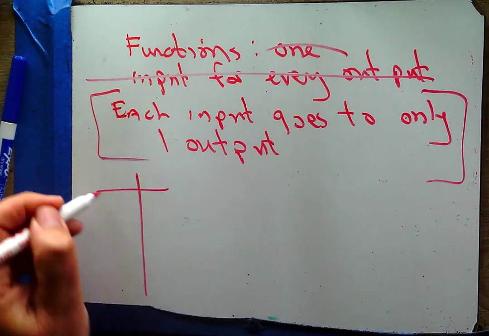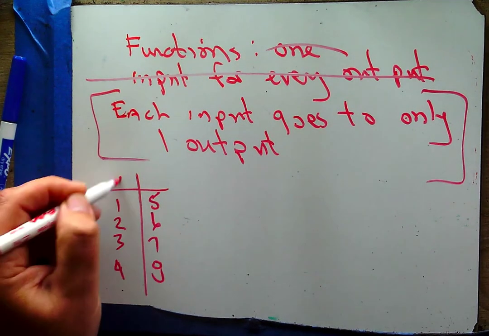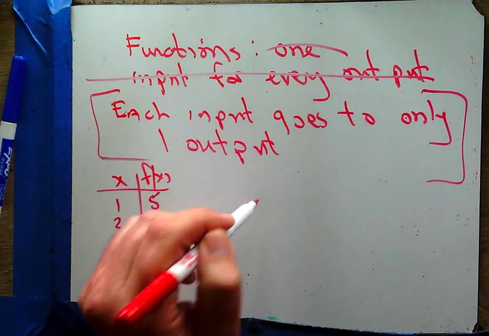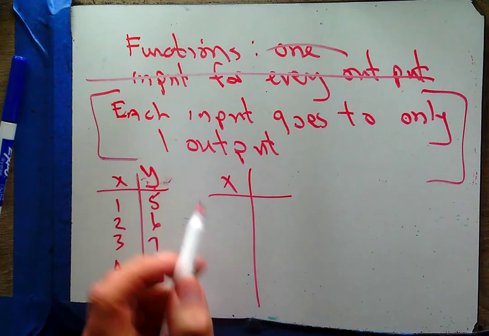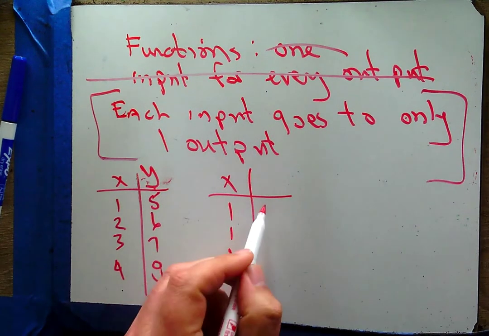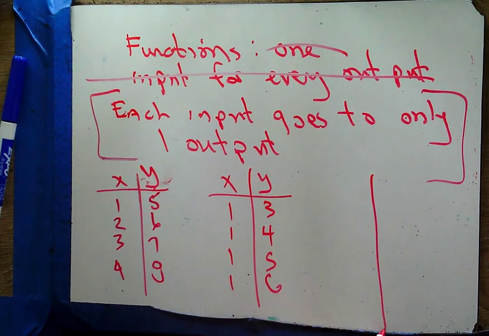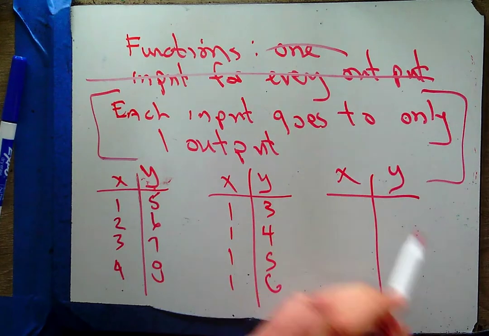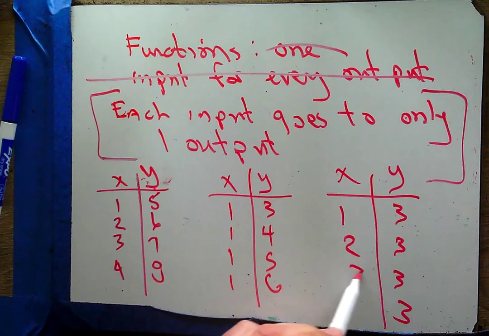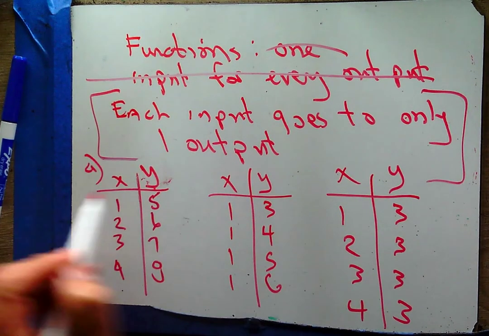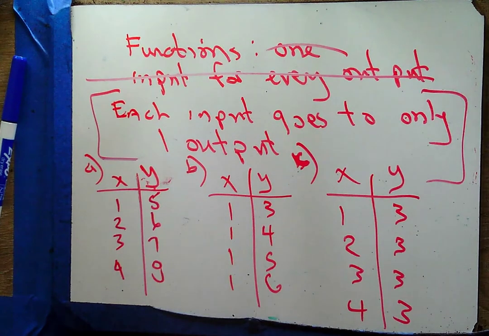So let's look at some tables. X, f of x, I need to call that y, x. Okay, so which of these, if any, are functions?